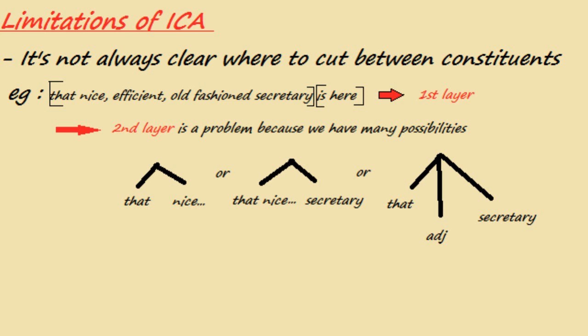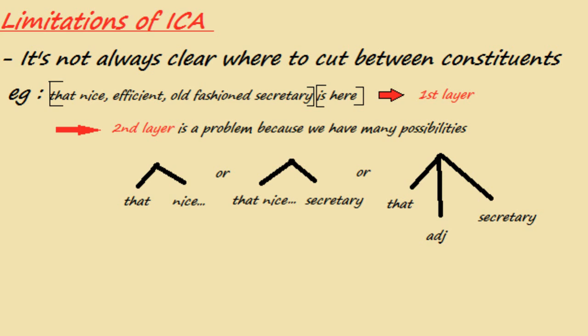But if we are asked to divide it according to ICA at the second layer, things are going to be a little bit confusing. Are we going to divide it that alone, nice alone, or that nice alone plus a secretary, and so on and so forth, or that nice secretary alone, and we carry on? We cannot know where to cut precisely. So this is one of the problems that ICA has.